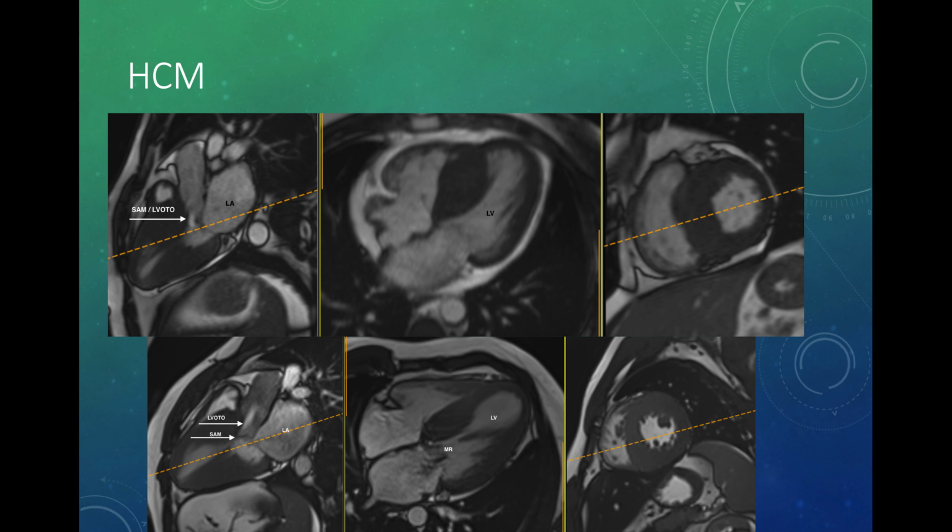The main approach while approaching a case of MRI is whether this is a dilated cardiomyopathy, and then we could narrow down the differential diagnosis. And if it's hypertrophic cardiomyopathy, then we need to look whether the hypertrophy is symmetrical or asymmetrical in order to narrow down the differential diagnosis in this direction.